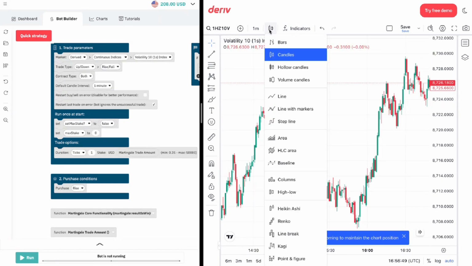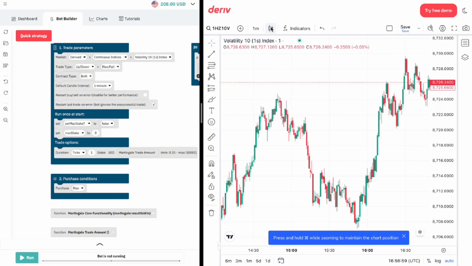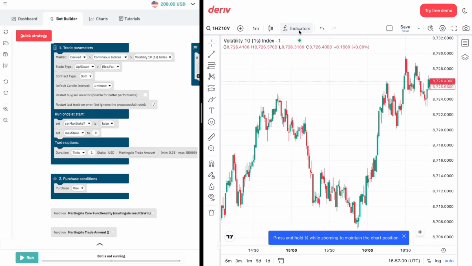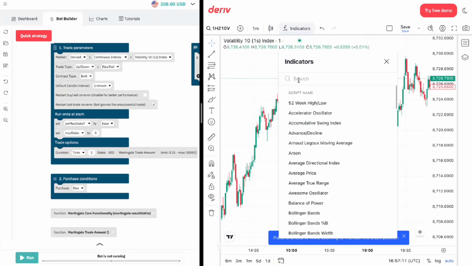And then the third one here is indicators. You could use hollow candles, you could use the normal candles, bars, volume candles. They all more or less show the same thing, but candlesticks have more data as compared to just having an area chart or something else, or a line chart or line with markers or a step. For indicators, I want to get 3 indicators.